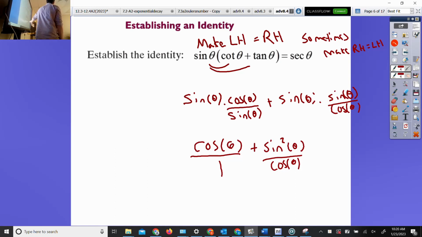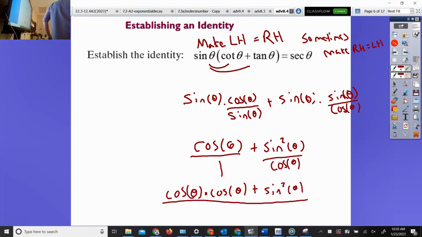You give it that guy, don't you? What do you give sine squared through multiplication? It's 1. What's the denominator do? Cosine squared. Times a 1, right?